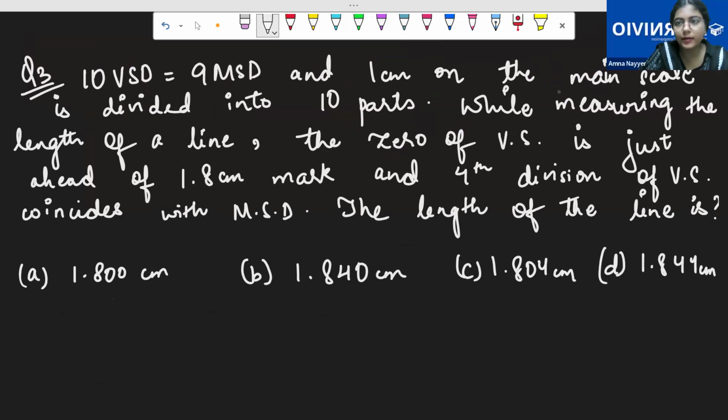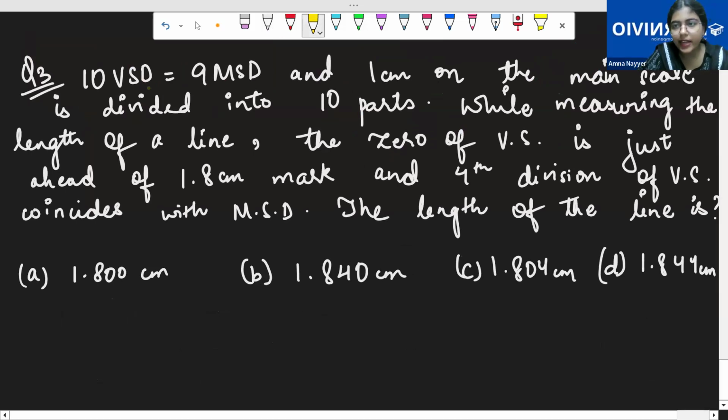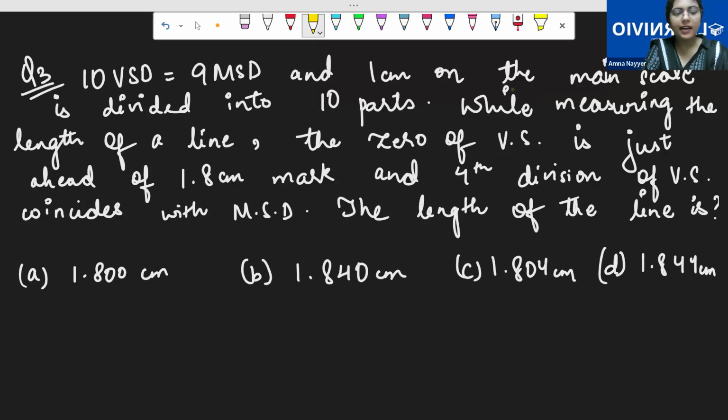Okay, see, this is the question. This says 10 VSD is equal to 9 MSD, and 1 centimeter on the main scale is divided into 10 parts. Now here we'll have to calculate the value of MSD first. It says 1 centimeter of the main scale is divided into 10 parts.